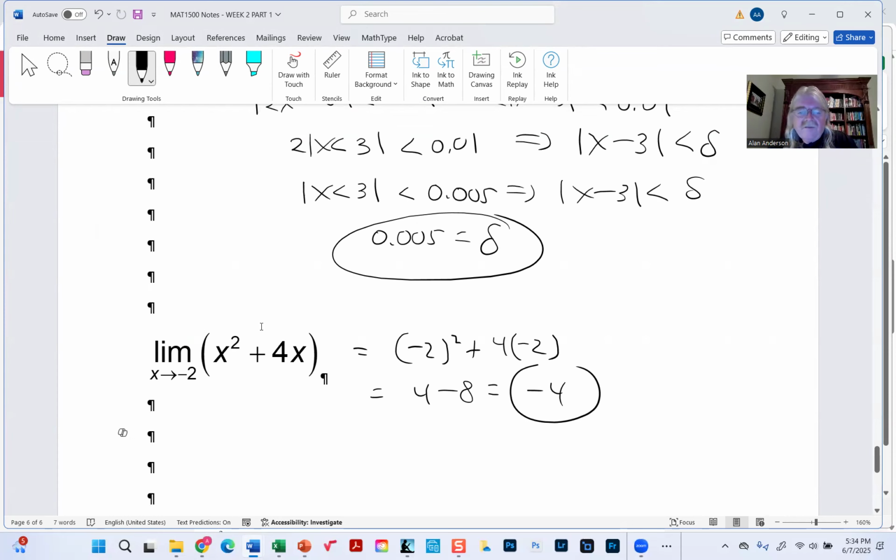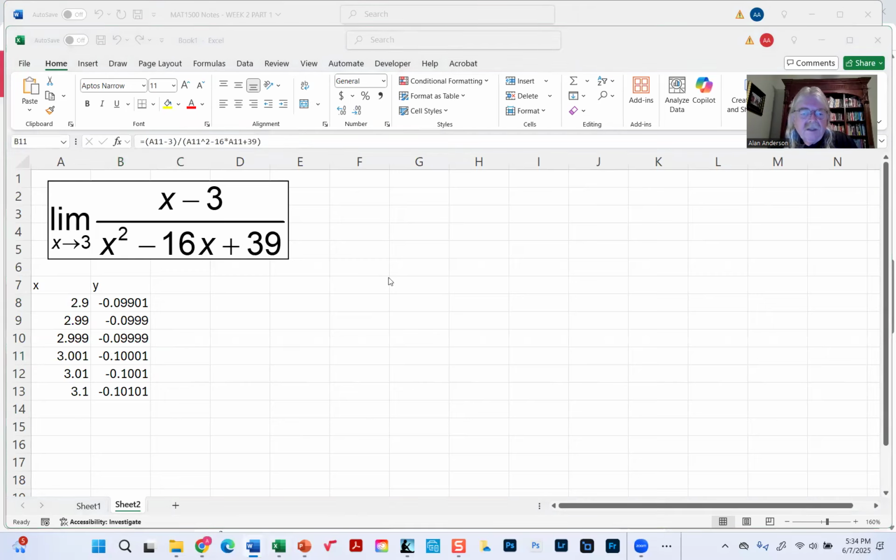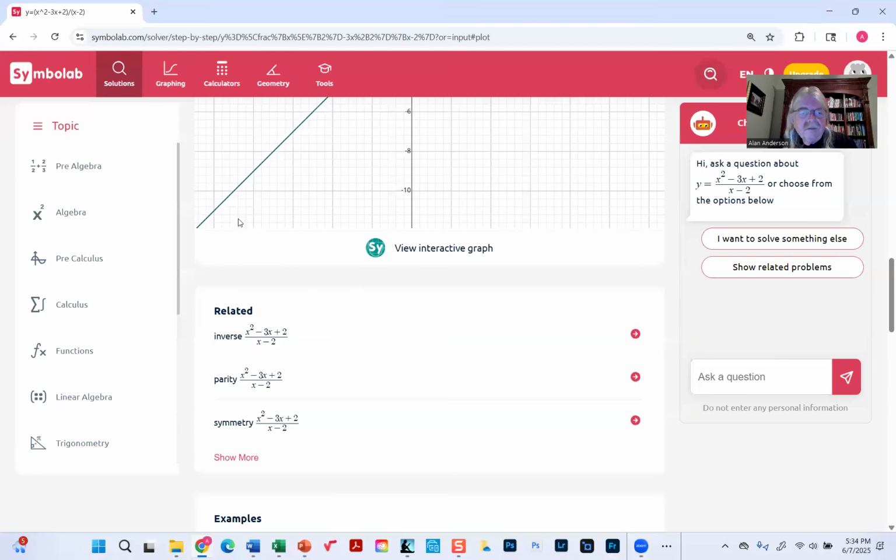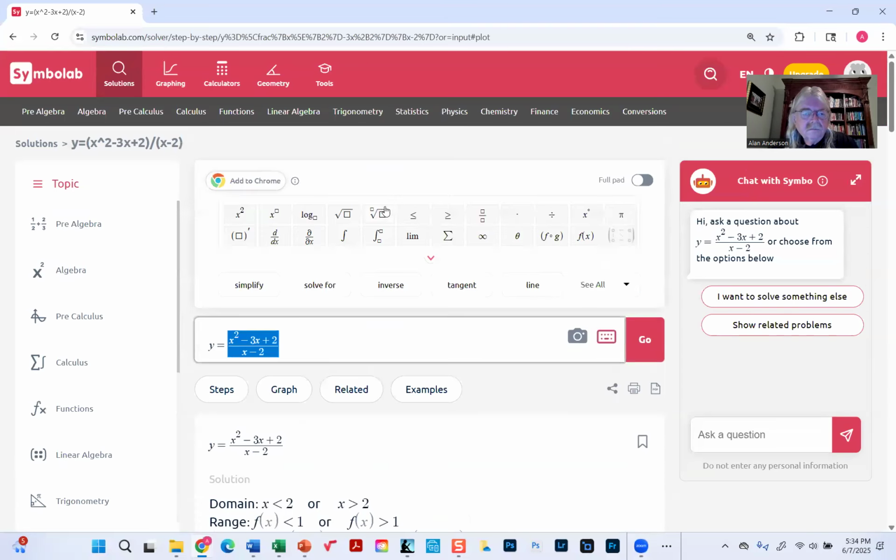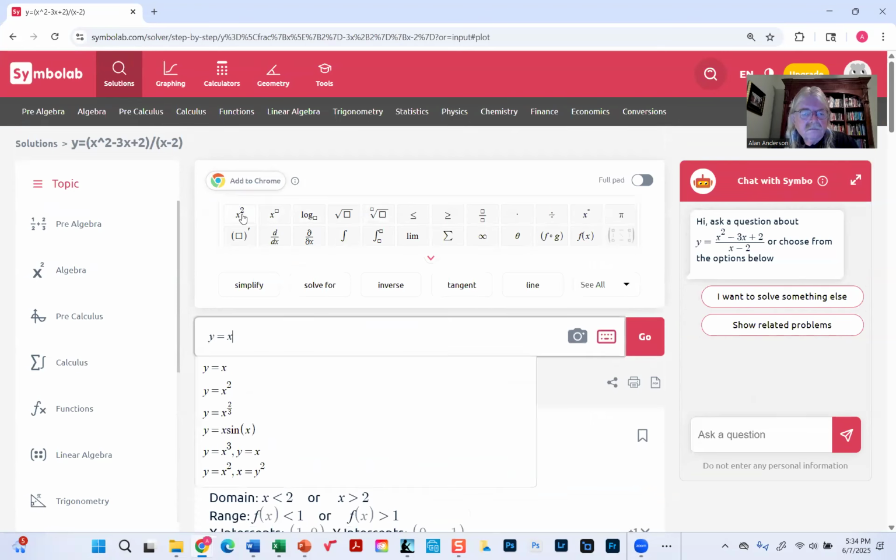Now, if you want, we can draw a graph of it and see why this is happening. X squared plus 4x in Symbolab looks like this.